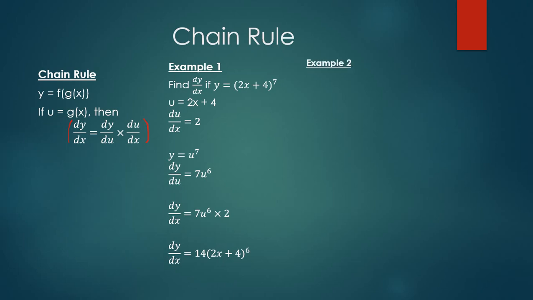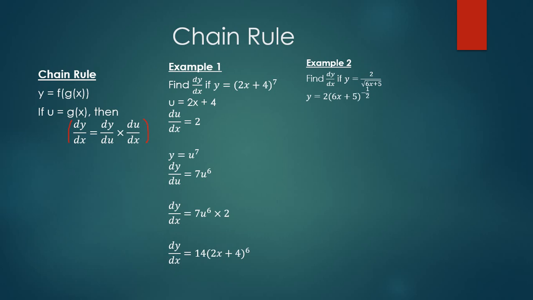Let's look at another example. We want to find dy by dx if y is equal to 2 divided by the square root of 6x plus 5. From a previous video, you should remember that whenever we have a function in this form, we always try to rewrite it.